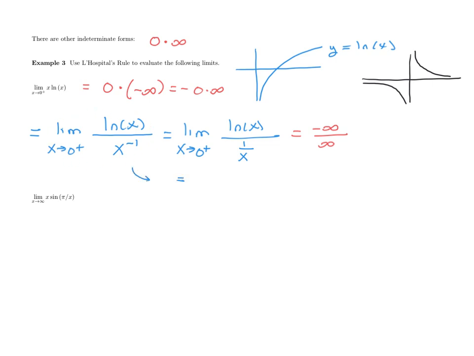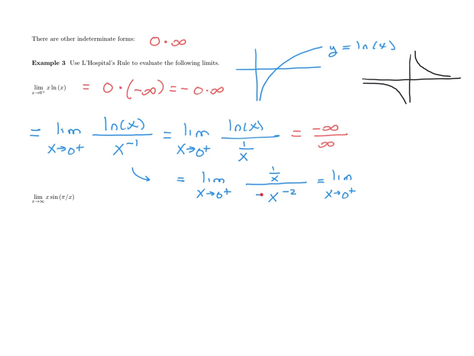Okay, by L'Hopital's rule, this is the limit as x goes to 0 from the right of, well, the natural log is 1 over x, and x to the -1 is negative x to the -2. If we simplify this, this is the limit as x goes to 0 from the right of. I can bring this x to the -2 to the numerator.